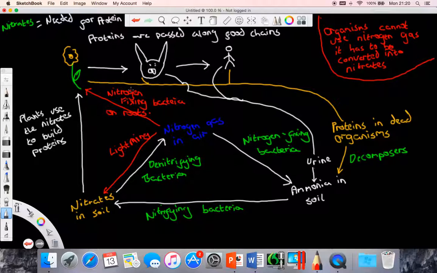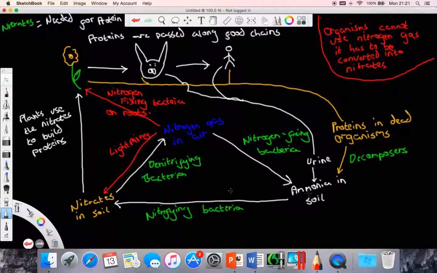And that is pretty much the nitrogen cycle. The way to think of this is that organisms cannot use nitrogen gas on its own. It's too stable. Nitrogen gas is really, really stable. So it needs to be converted into nitrates, which are needed for protein.